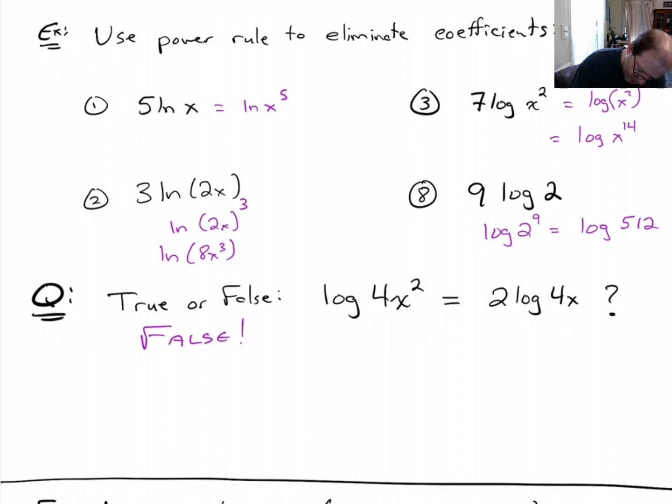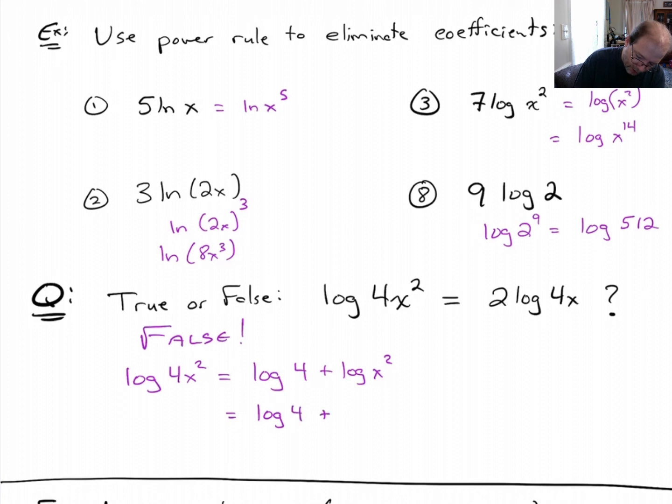So we could split this up if we wanted to. We could take log of 4x squared. One thing we could do is split it into log of 4 plus log of x squared, and then get log of 4 plus 2 log x.